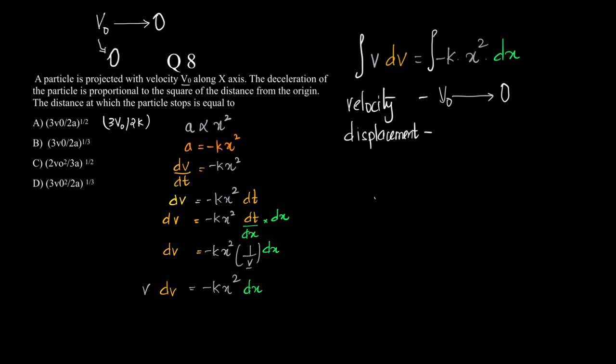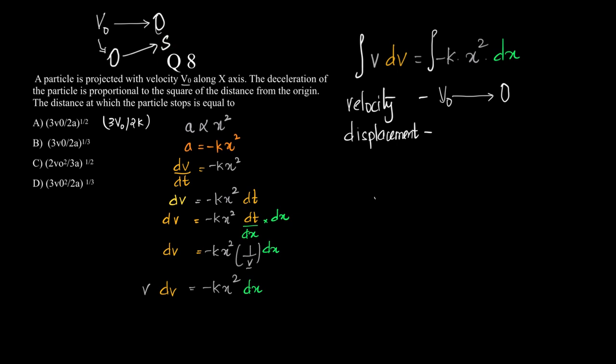And when the body has attained zero velocity, which means it has undergone deceleration, which means it has undergone some motion, let us say the final displacement be equal to, is there any alphabet specified here? No, let us say the displacement is equal to s. Okay, so I repeat, the initial velocity was v0, the motion has not begun, the displacement is 0. The final velocity, the body came to rest, in which case it has moved some distance which I call s.